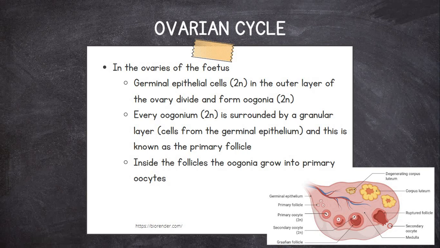Okay, and this granular layer is made up of cells from the germinal epithelium. So here's your primary follicle. On the outside layer, that white part you can see there, is the granular layer, and on the inside is the oogonium. Inside the follicles, the oogonia grow into primary oocytes, which we can see there. And this is also in that little diagram in the previous lesson on oogenesis.